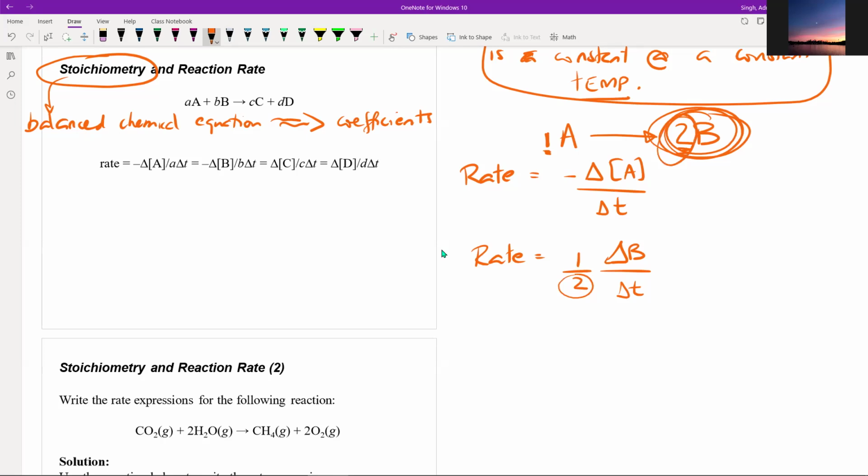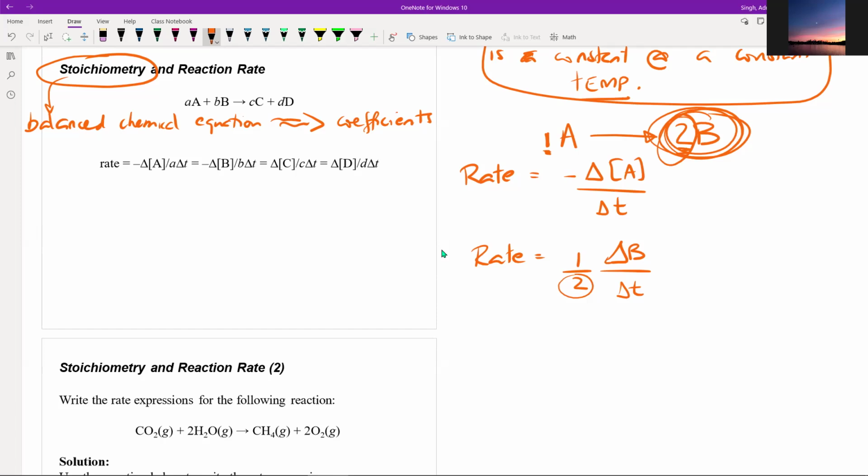And in that way, I'm treating both of them equally so that I avoid any ambiguity when it comes to reporting the rate of disappearance or appearance of a specific chemical species in this particular example. So we do need to account for the stoichiometry when we write those rate expressions. And in this simple example here, we were just putting 1 over whatever that coefficient is to account for that.